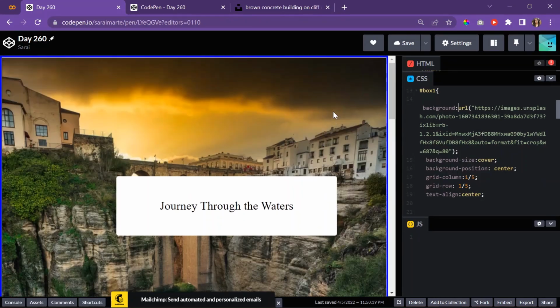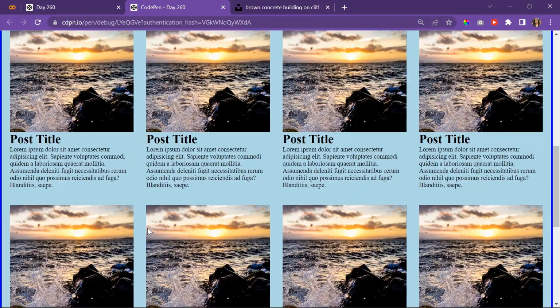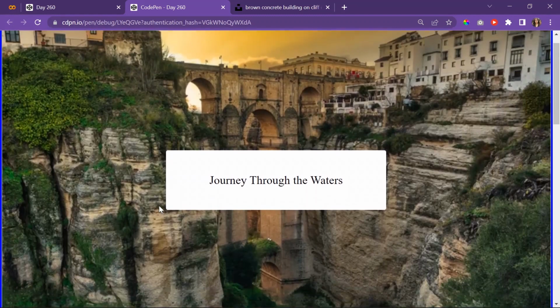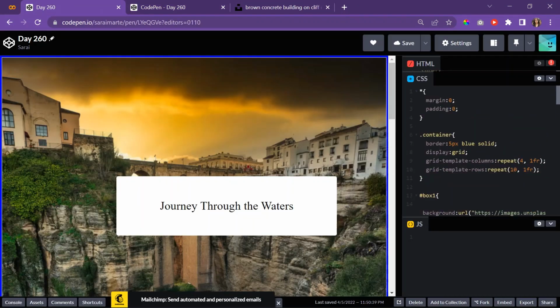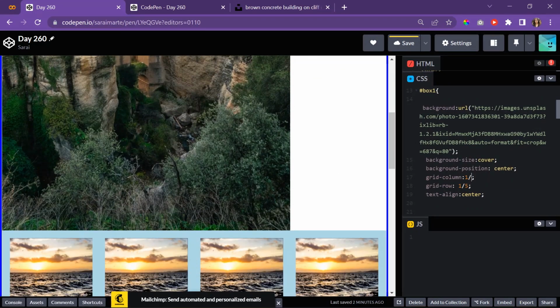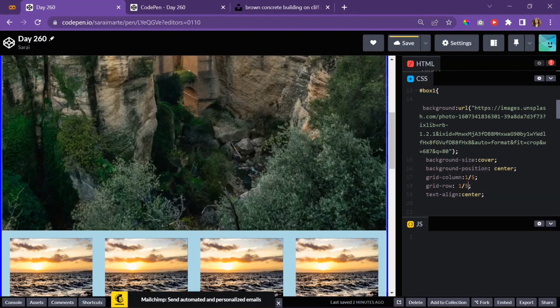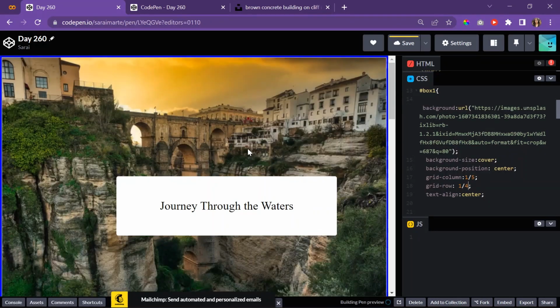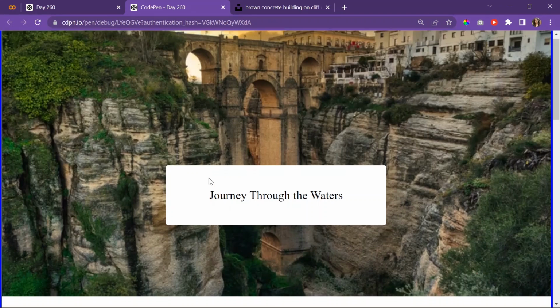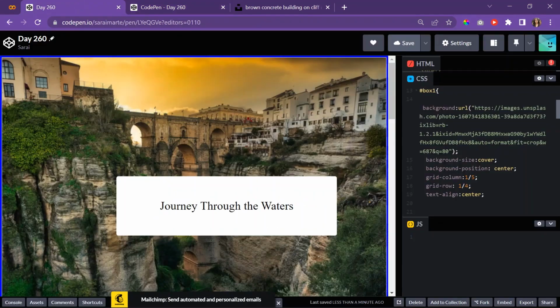Okay, we have that. It just looks so absolutely ugly. I mean, do we really need it to be that big? Oh, for the love of God, that's not what I want. I don't like it.